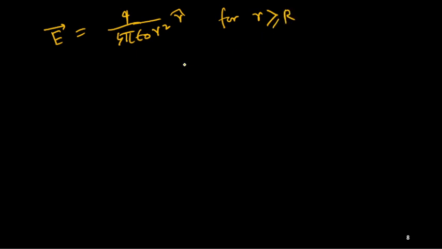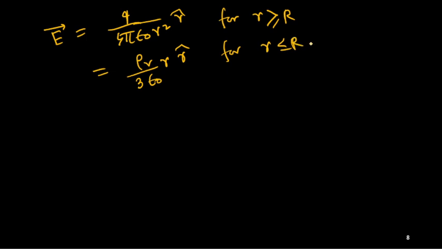Now we can see that this electric field E is total Q upon four pi epsilon naught r square, in the radial direction r vector, for r more than or equal to capital R. And thus the result we have got is rho v upon 3 epsilon naught times r, in the r vector direction, for r less than or equal to capital R.